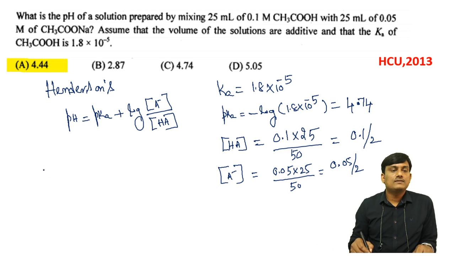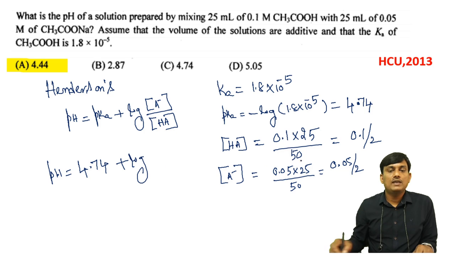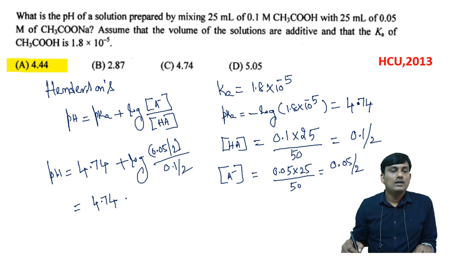When you substitute these values, pH is equal to pKa, 4.74, plus log concentration of A minus, 0.05 by 2. Here A minus is CH3COO minus and HA is CH3COOH, divided by 0.1 by 2. So this is equal to 4.74 plus log 1 by 2.